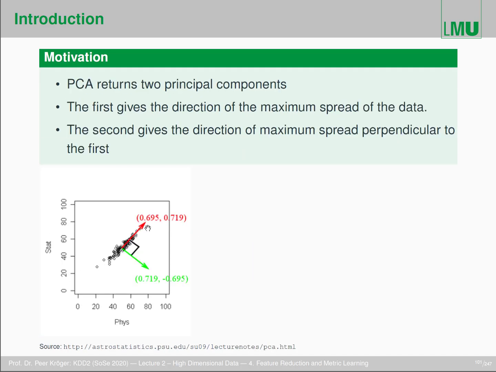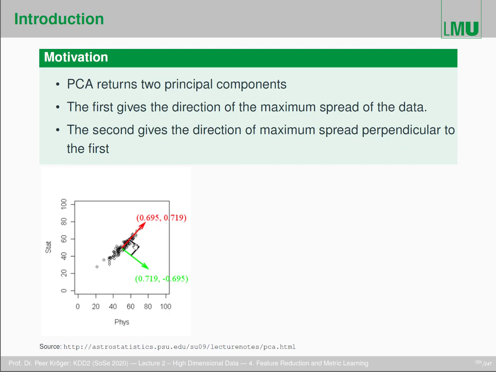So the red principal component is the first principal component computed by PCA, and gives you the direction with the highest variance, which we want to use to discriminate between the students. The second gives you the direction of the maximum spread perpendicular to the first one.